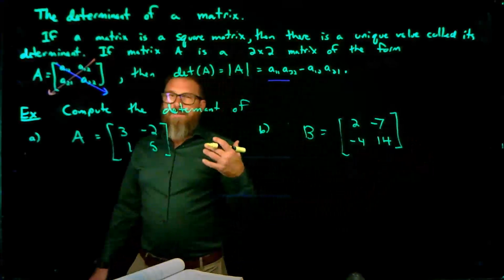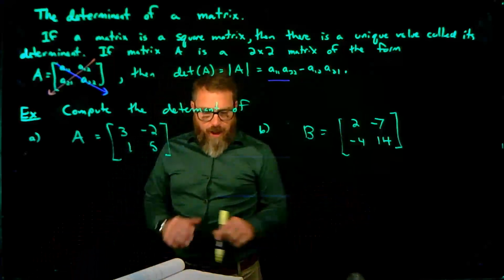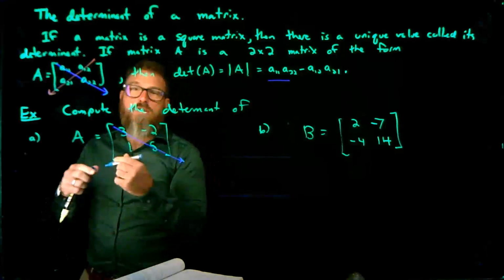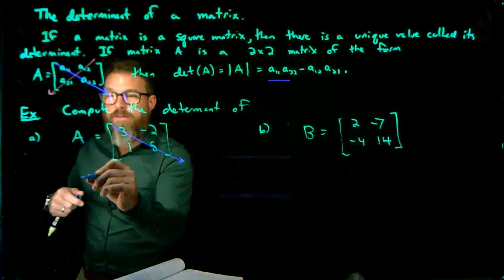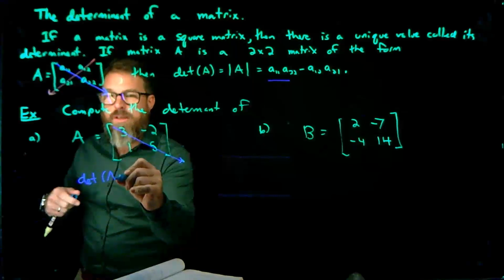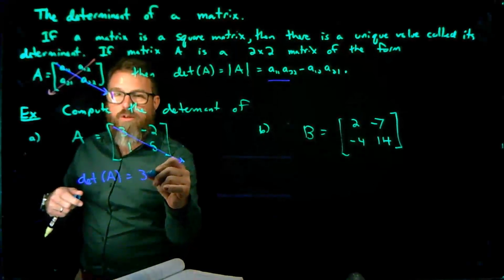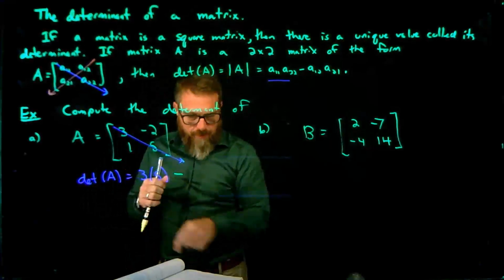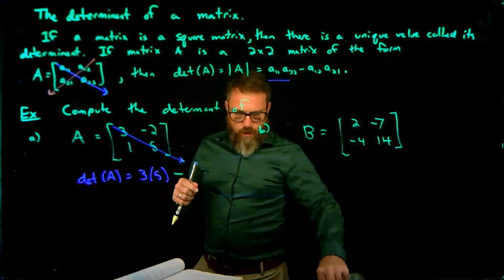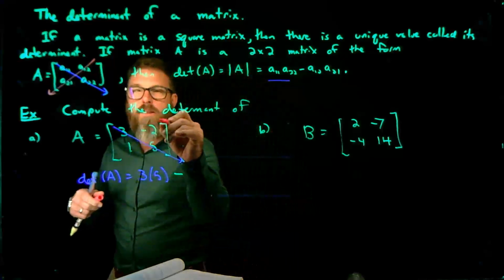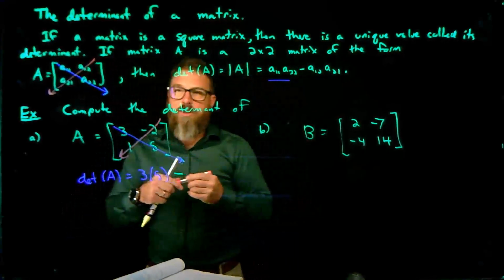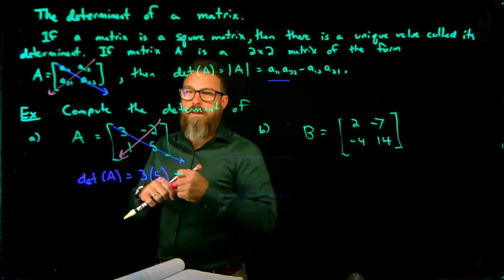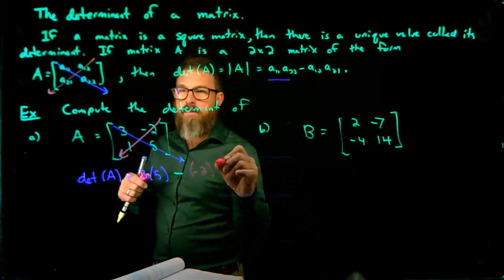So if I want to find the determinant of these matrices, I just have to multiply across. So we know we have to multiply the main diagonal. So the determinant of matrix A is going to be equal to 3 times 5, and then minus, we're going to have to multiply in that other direction, so minus negative 2 times 1.